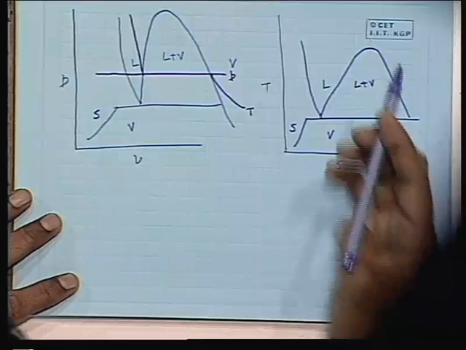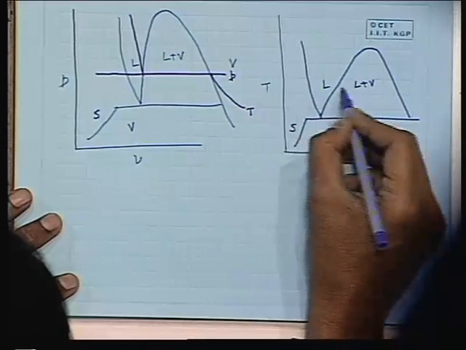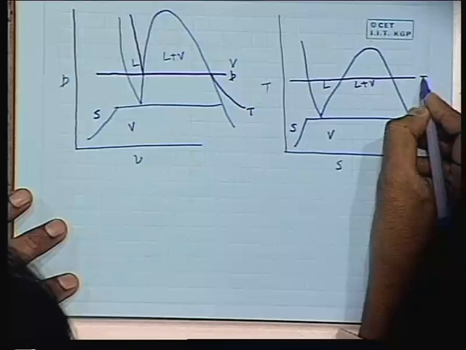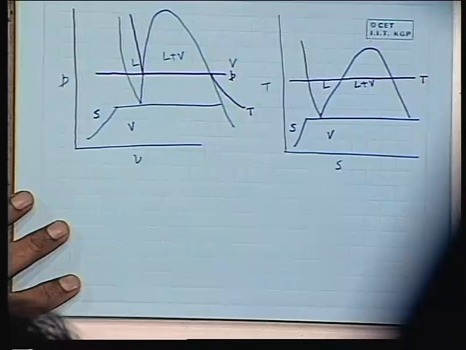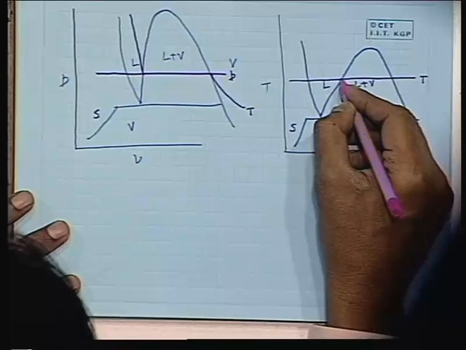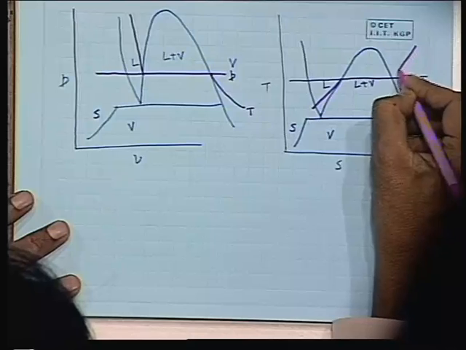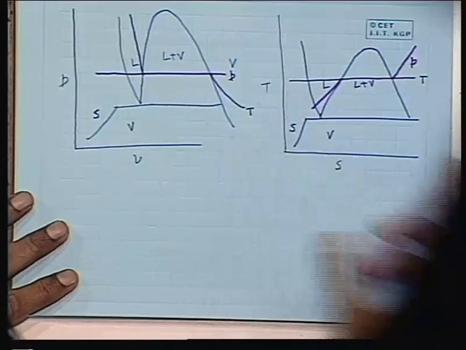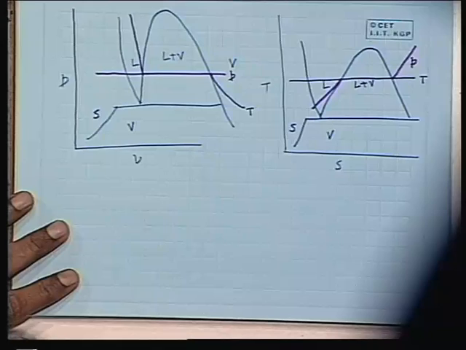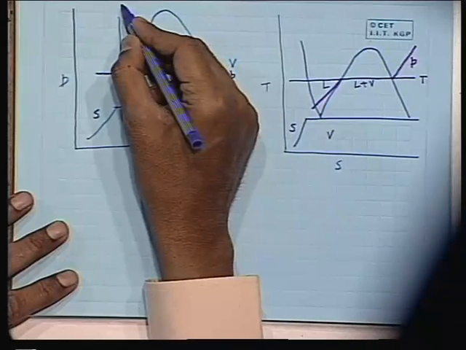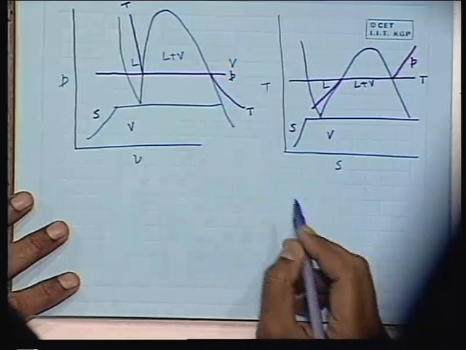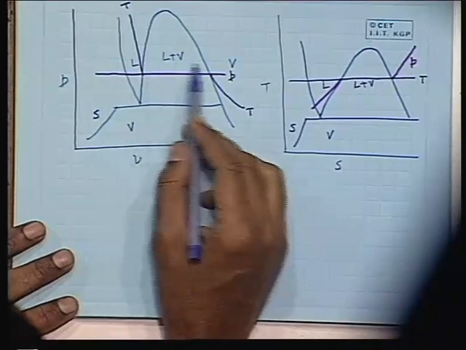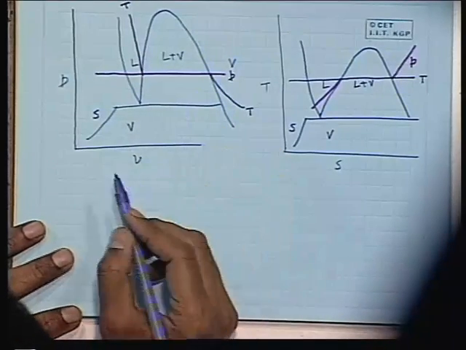Similarly, if this is the isotherm T, the corresponding pressure is this one. This is P. That means P and T here represent the saturation pressure and temperature. Well, now what is the relationship between this P and T? If we increase the pressure, the temperature will increase.